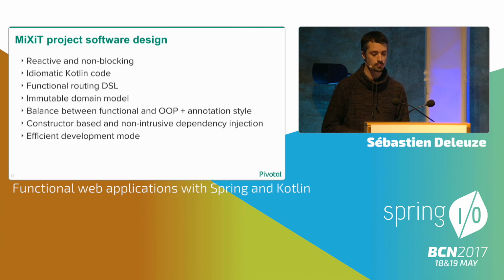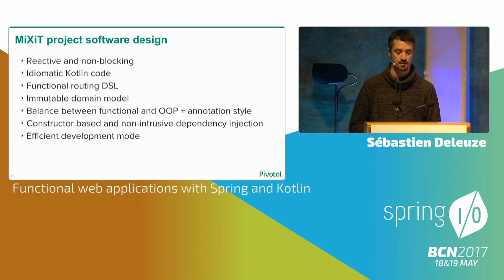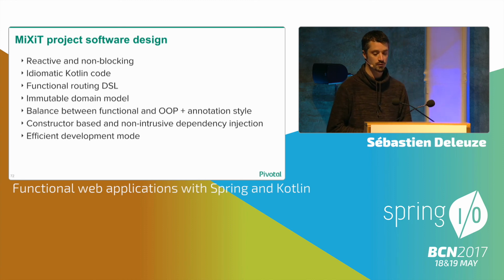So that's a project with the following software design. It's using reactive and non-blocking runtime, idiomatic Kotlin code, functional routing DSL, immutable domain model, and that's a balance between functional and object-oriented programming. So feel free to have a look. And it's also using constructor-based and non-intrusive dependency injection.